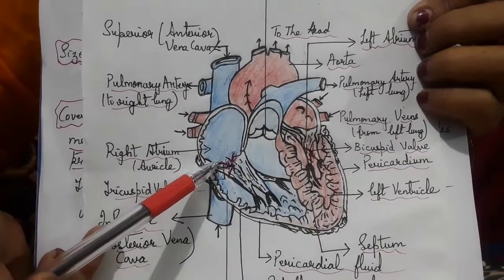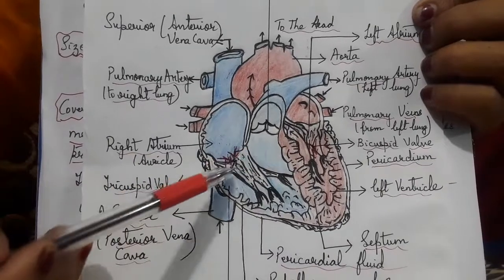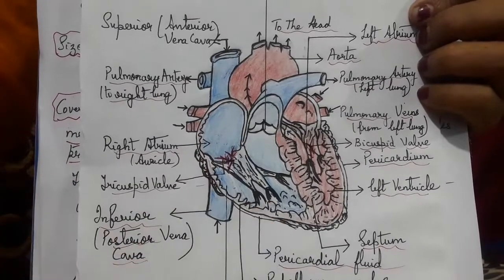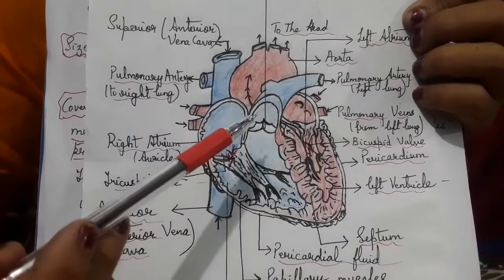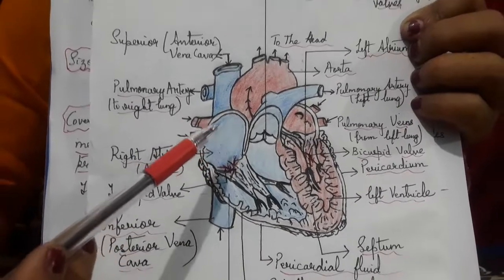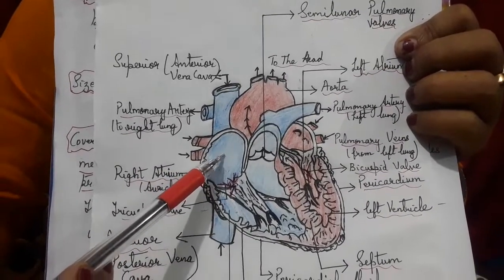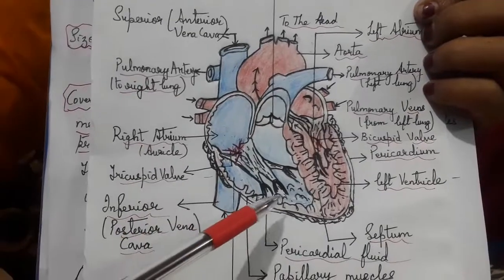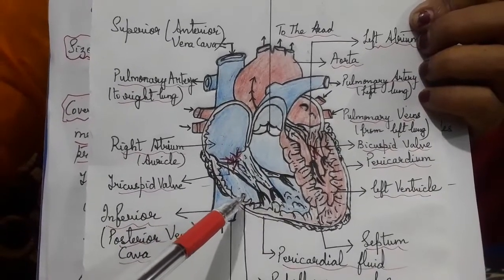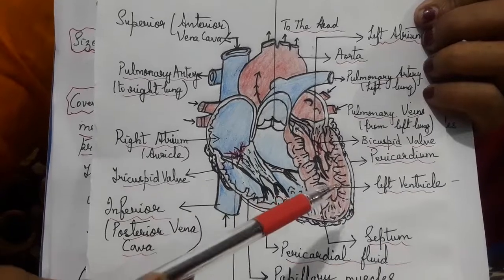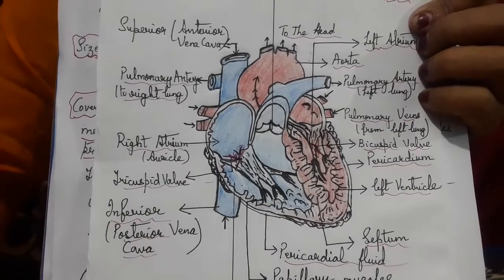The right side and the left side of the heart are separated by a structure called septum. We have the septum present in between the right atrium and left atrium, and the interventricular septum between the right ventricle and left ventricle.